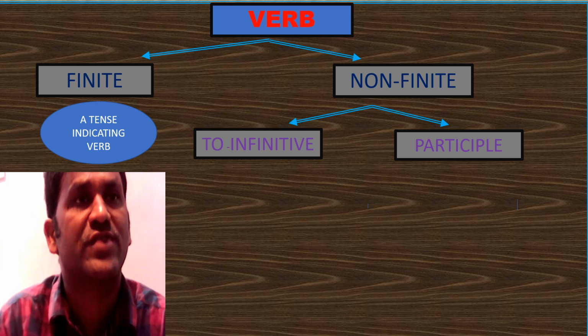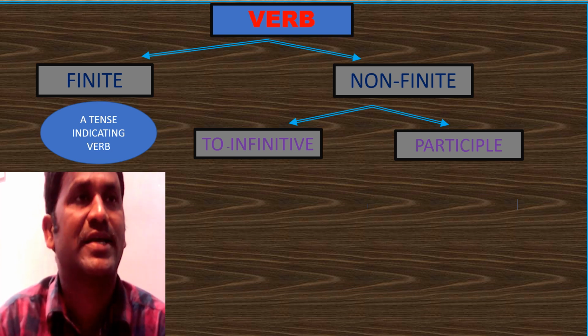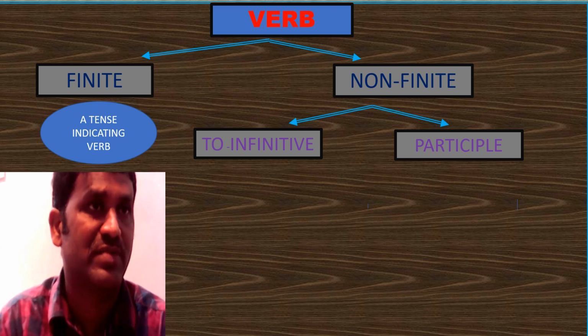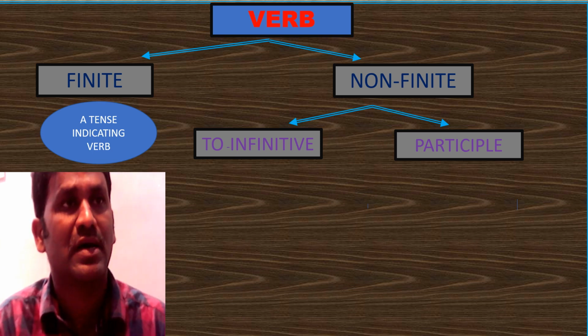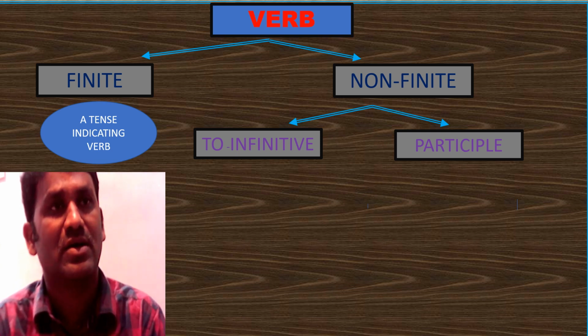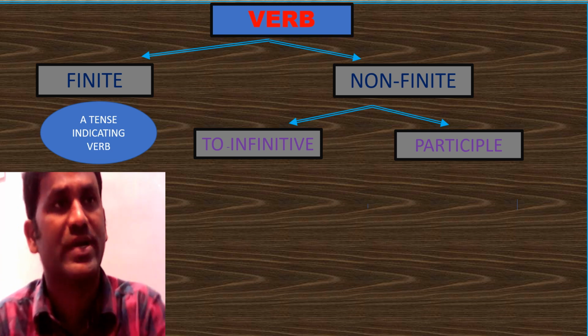First of all, to infinitive. Wherever to plus V1 is there, to go, to speak, to write, to wash, like that, it is always a non-finite verb. It does not show any kind of tense. For example, suppose I am going to read a book. I will go to read a book. I went to read a book.